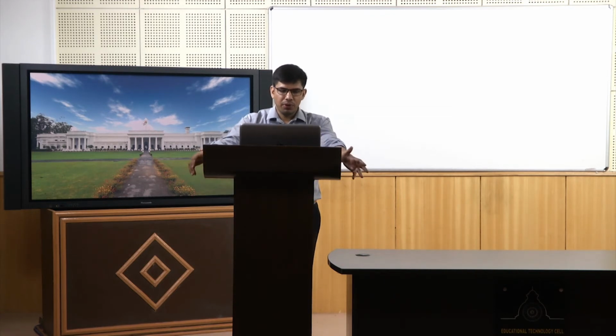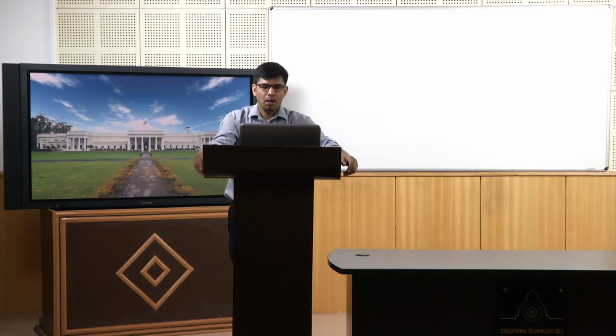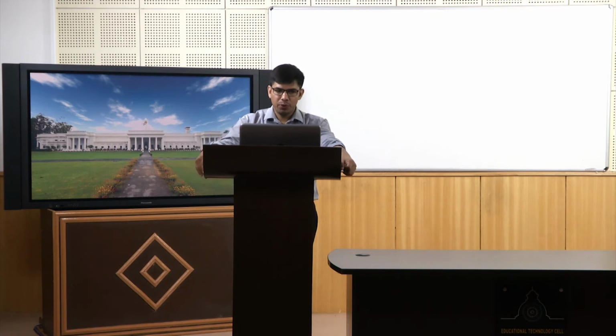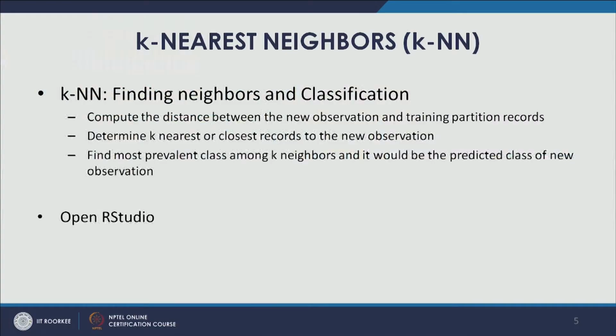Once the distance between the new observation and the training partition records has been computed for all of them, we can go ahead with step number 2, which is to determine the K nearest or closest records to the new observation.